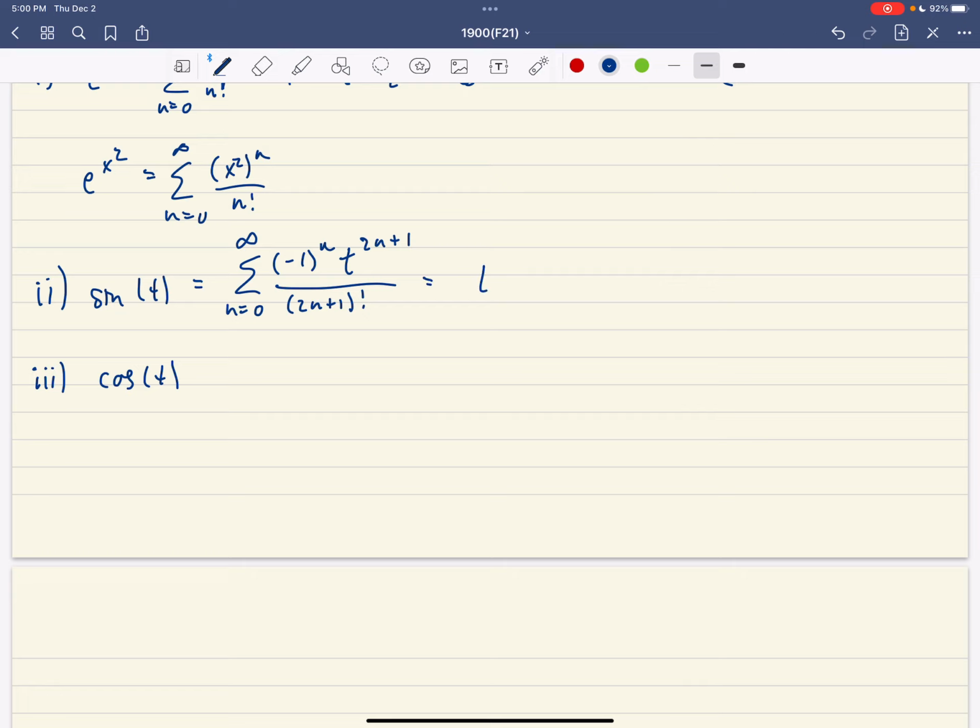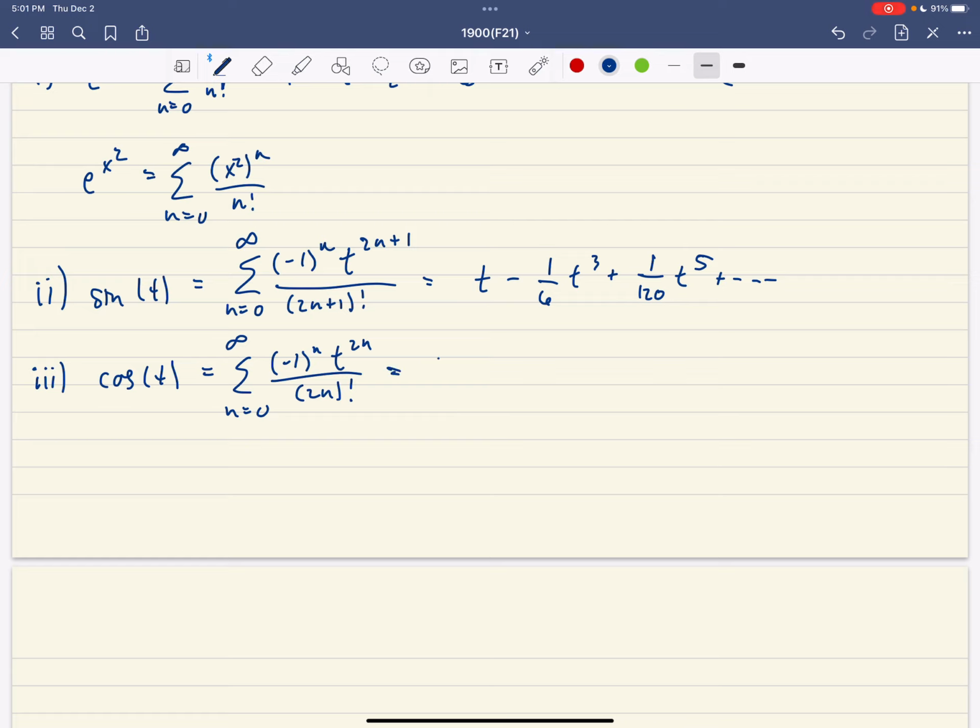So sine of t is equal to t minus 1/3 factorial t cubed plus 1 over 5 factorial t to the fifth, and so on. Cosine is the same thing, except all the 2n plus 1s are 2n's. So you get negative 1 to the n, t to the 2n over 2n factorial.